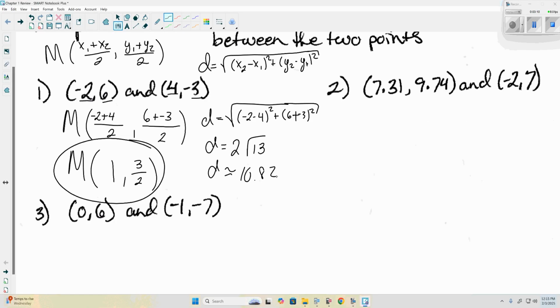Yes, sorry, that's just me miswriting. I don't know where I got the 2 from, but it should have been 3. Square root of 13. Yes. Thank you. But that's it. If it gives it to you in radical form, I'll take radical form. If it won't give it to you in radical form, round it to 2 decimal places.